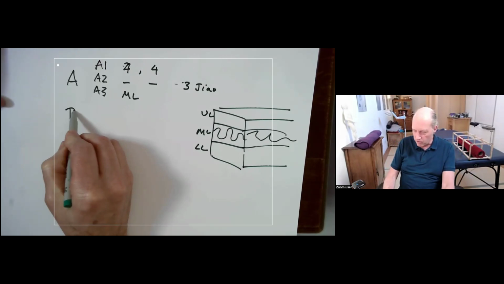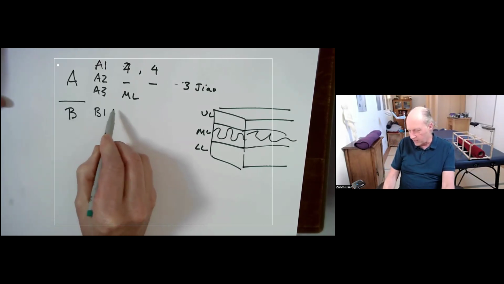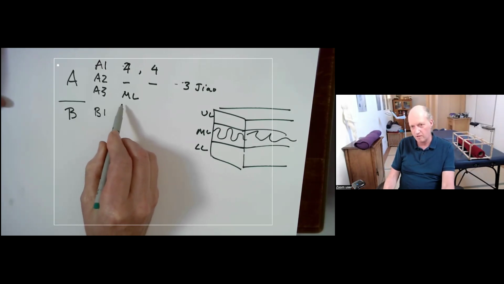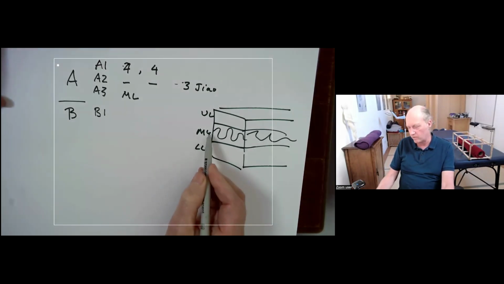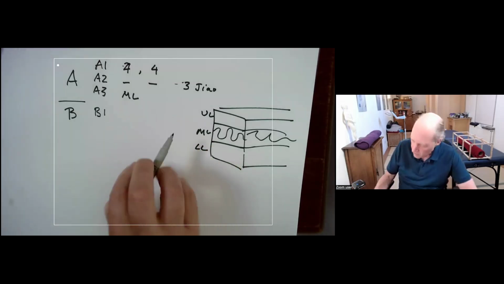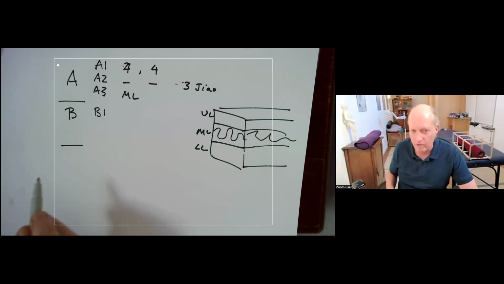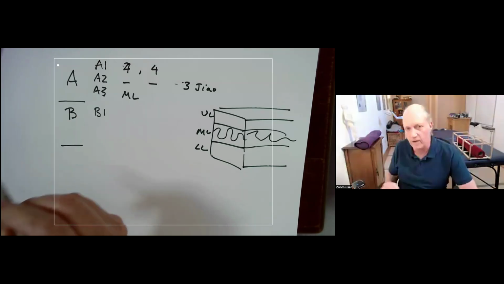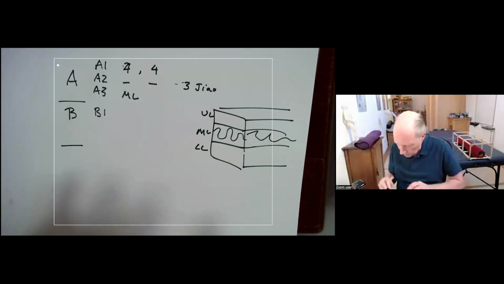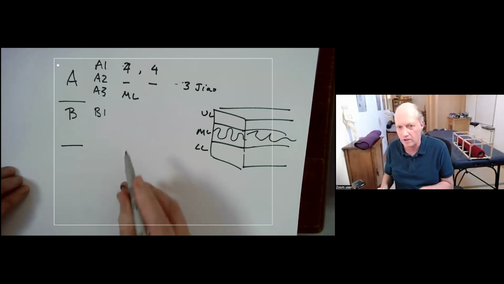Then when you do the B step, B1 is basically the same or similar in that it's the same three layers. At the start of step B, I'm inviting you to get your fingers on top of the artery.